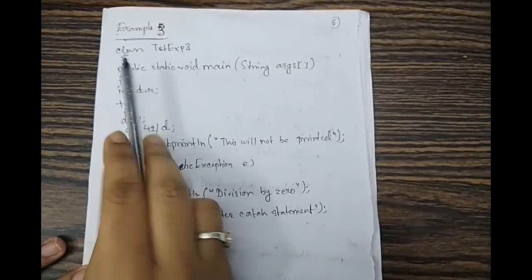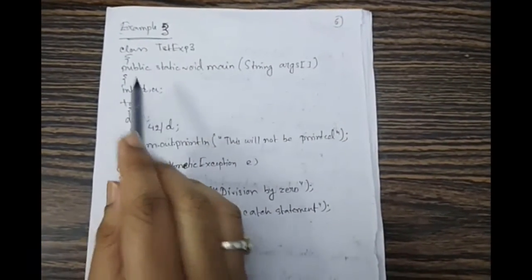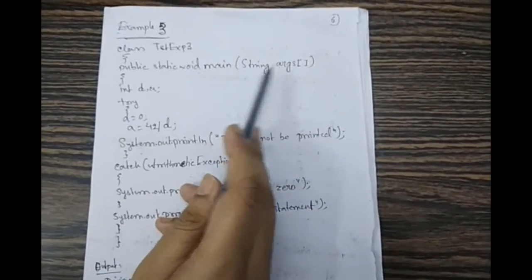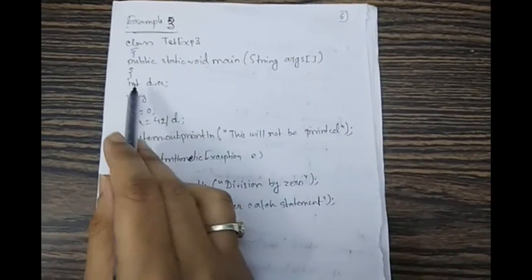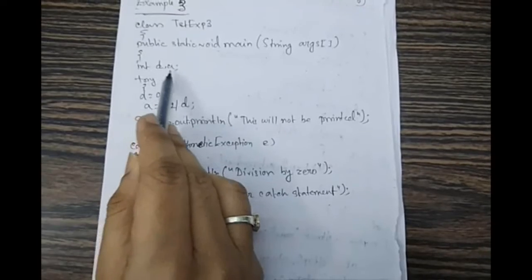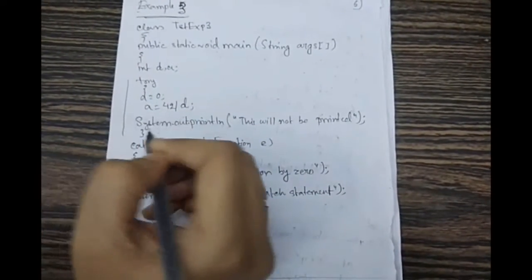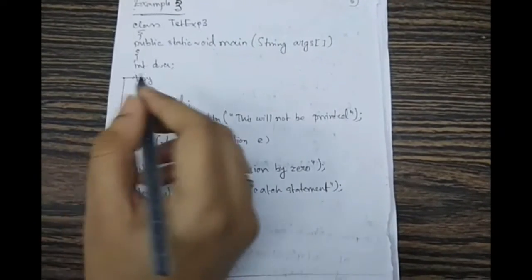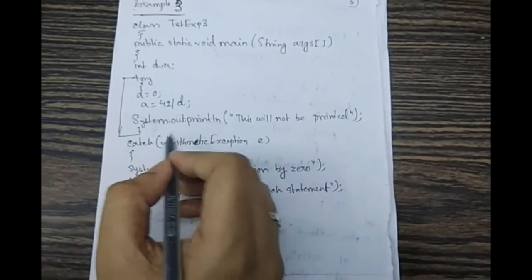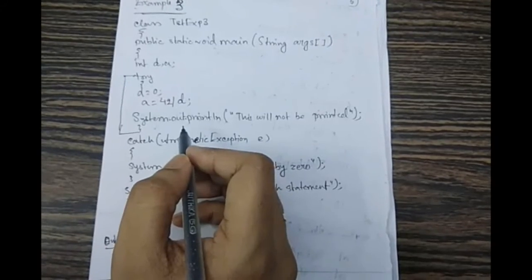So class tstxp3, then public static void main string args, then we initialize the variable d and a. Then in the try block we write the statements that may cause some exception.